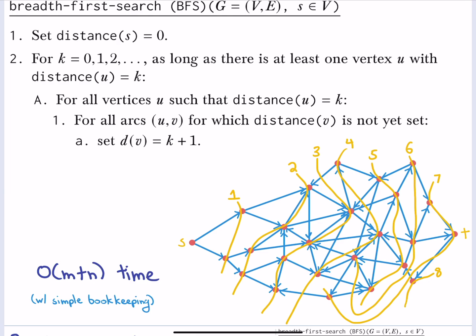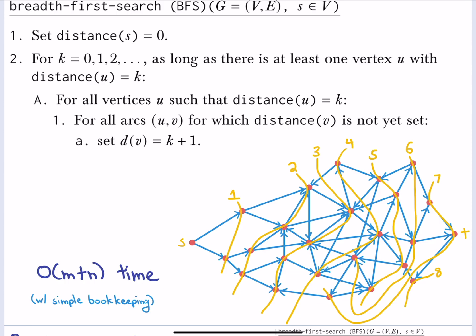And, very simple thing from first principles. And it's not hard to make this linear time, because if you think about it, you start at the source, and then to build out the next layer, you just look at all the edges leaving the source. So you look at the edges leaving the source once to build out layer 1, right? And that'll gather a list of vertices for layer 1.